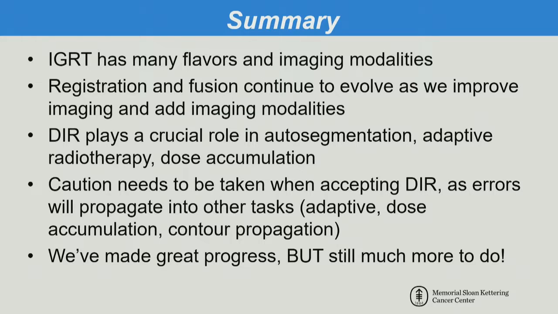But we really need to be cautious about accepting the DIR that our algorithm is giving us, because all the errors, as we've seen, propagate into other tasks. Now, we've made great progress in all this, as I'm sure everyone agrees, but it doesn't end here. We have a lot more to work on.